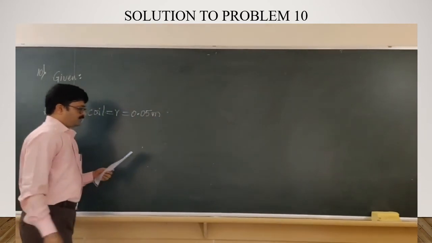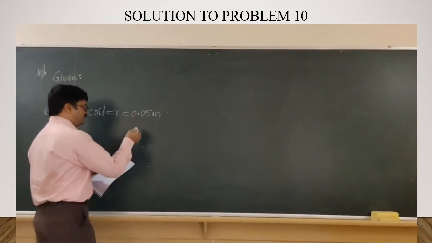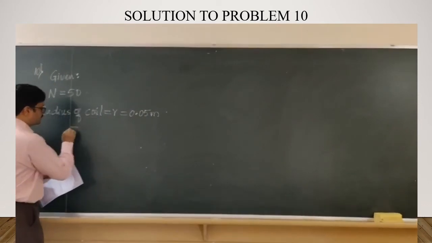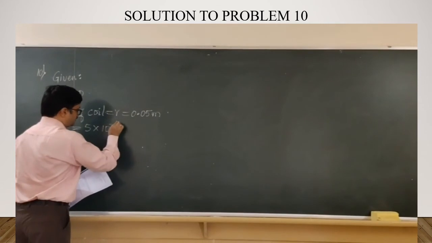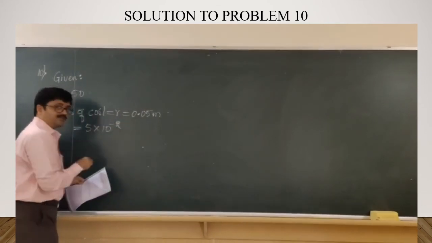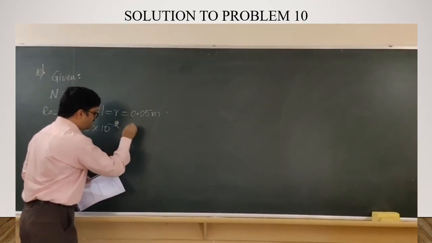Can I mention this as 5 into 10 raised to minus 2 meter? I think I can, right? 5 into 10 raised to minus 2 meter we get, okay?